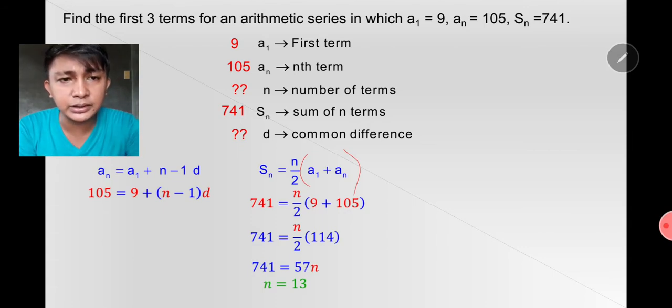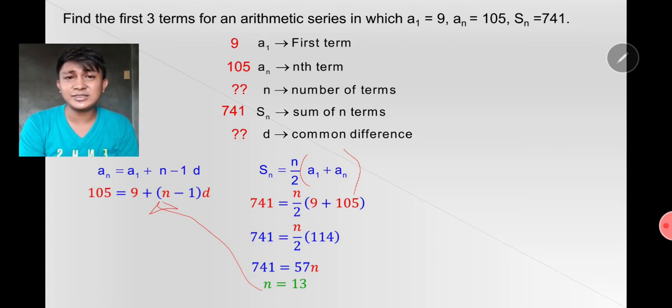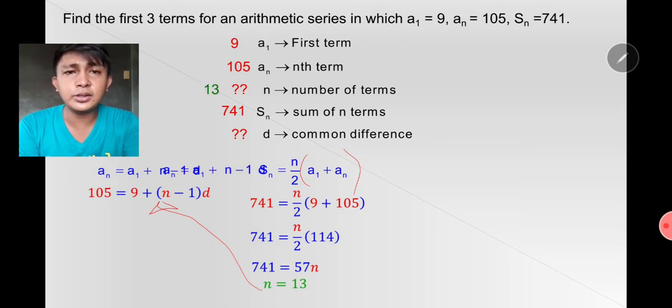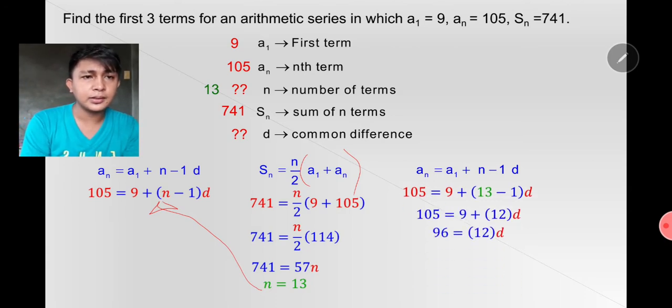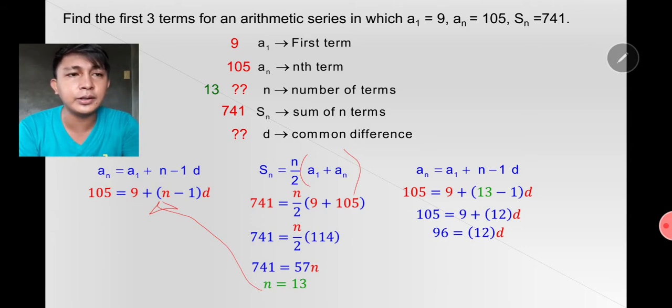So, ngayon, isasalpak na natin si 13 dito para makuha si difference. And after getting the difference, makukuha na natin si second term and the third term. Since find the first 3 terms lang naman, meron na tayong first term. So, i-substitute na natin. Again, we have, okay, by substitution, we get 13 minus 1 first, 12D.